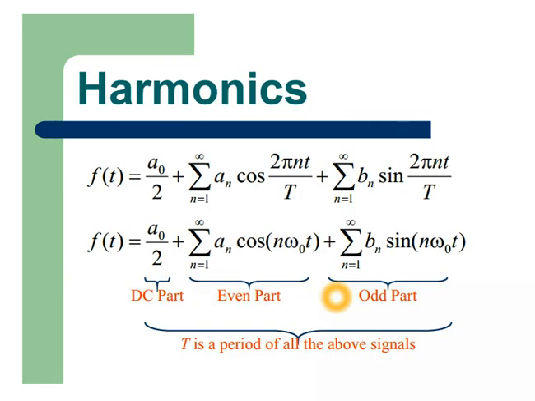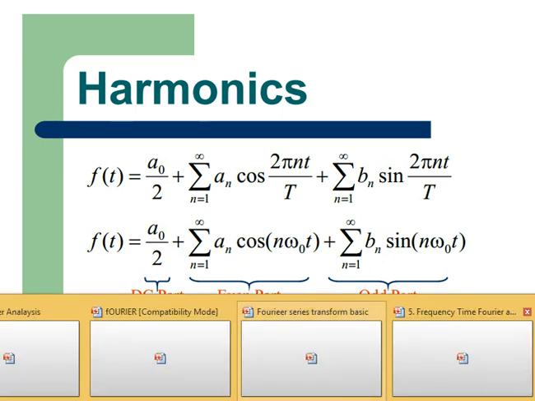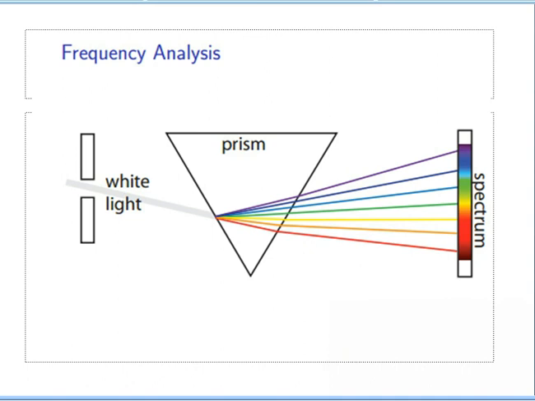It contains only some frequency components, and I would like to inform you that frequency analysis is a very important tool. You may be familiar with the experiment by Sir Isaac Newton, in which we can split white light into different colors of light by using a prism.